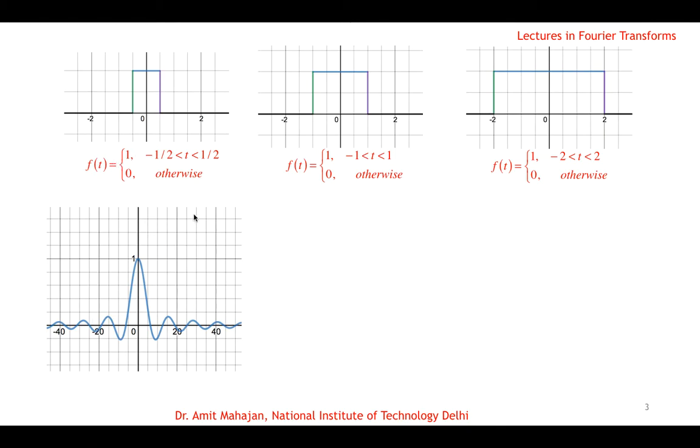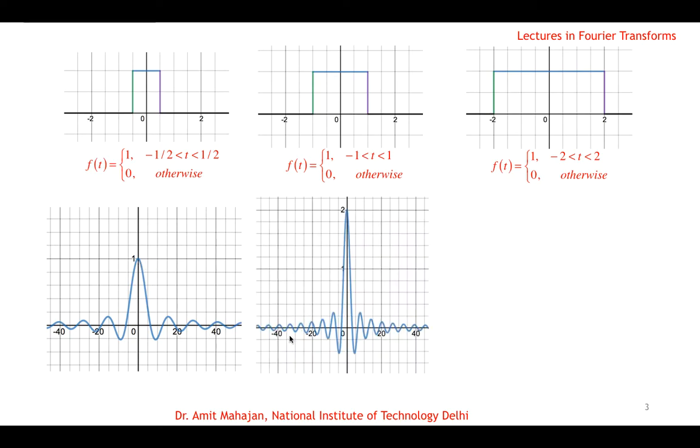Okay, so if in the time domain the width of the pulse is increased, what happens in the frequency domain to this function? You see that the transformed function also varies when the function width is increased. It varies both in amplitude as well as in width.